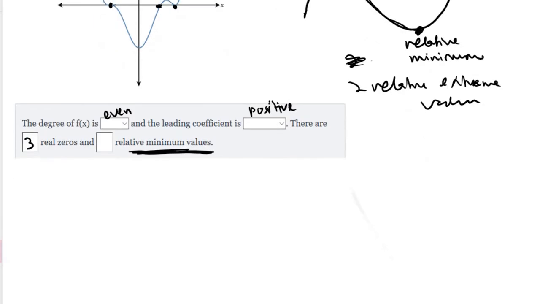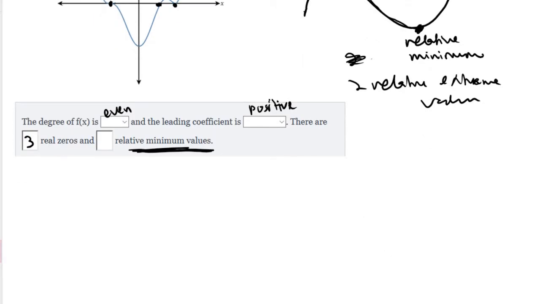Okay, I'll draw another one that's different from that, and then we'll go to the problem. Here's another one. Maybe it goes like this, like that. So this point here will be relative maximum, relative minimum, relative maximum, relative minimum, relative maximum. So it has three peaks. Those are relative maximums, and then it has two troughs.